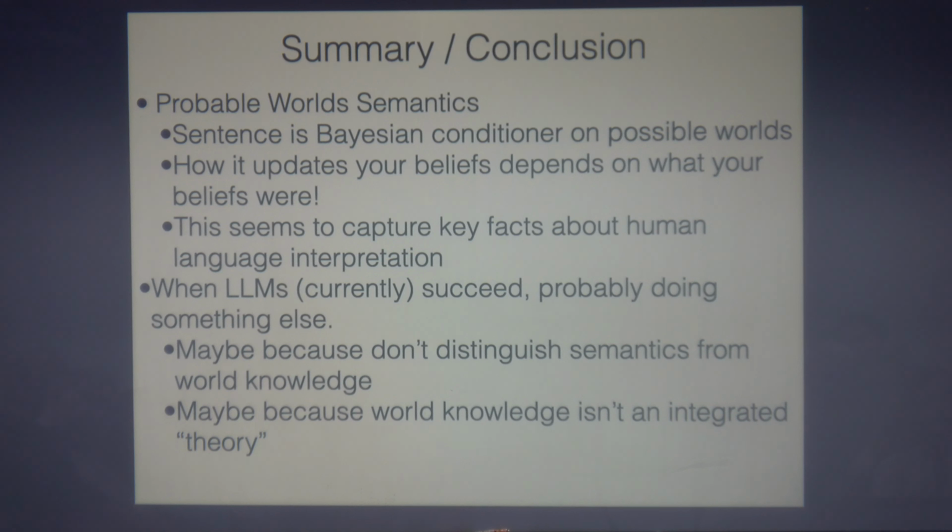You see that humans are very responsive to that, and the T5, the large language model, was not. That was a possible world semantic, much more like the human thing. So I'm wondering, goodness knows, as you said, how language models really would work.